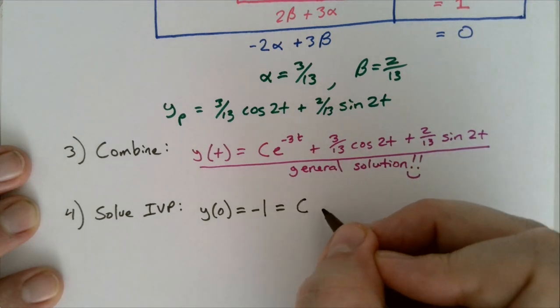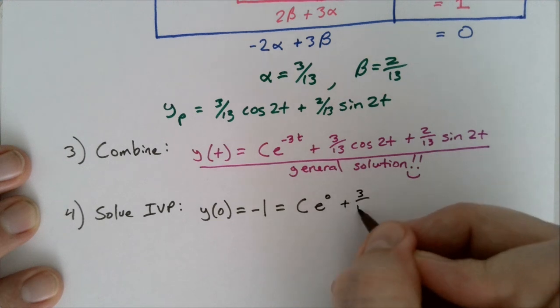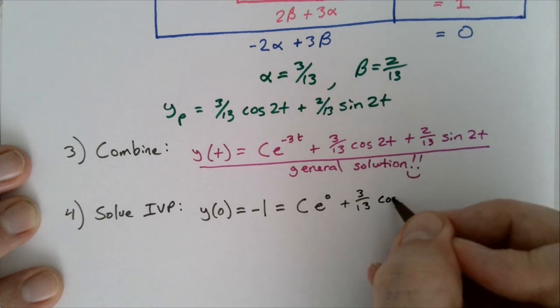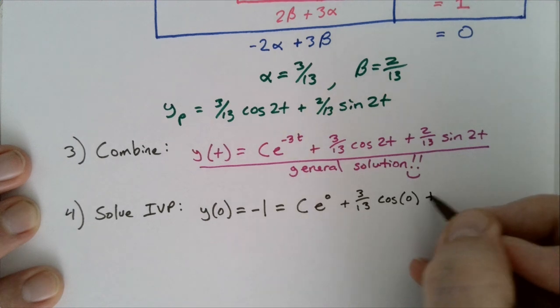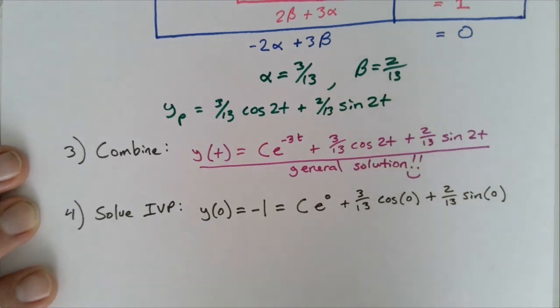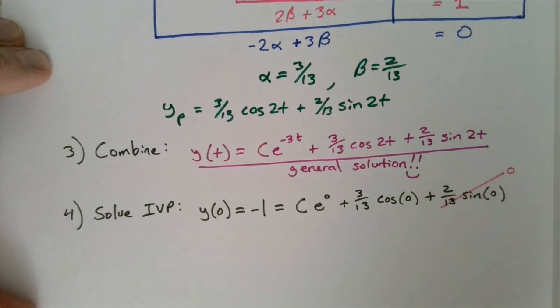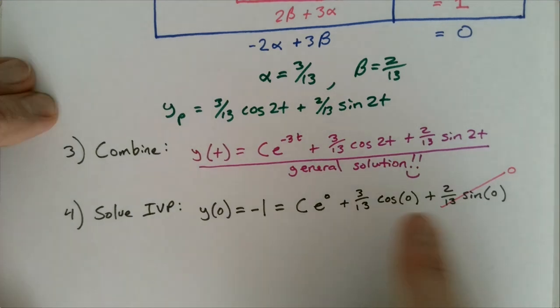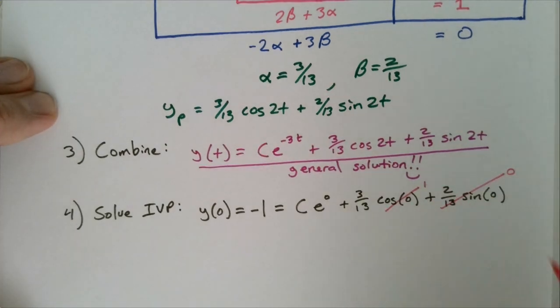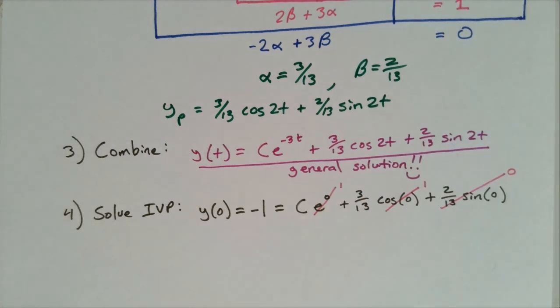So c times e to the 0 plus 3/13 times cosine of 0 plus 2/13 times the sine of 0. And of course, the sine of 0 is just 0, so this whole term goes to 0. And cosine of 0 is 1, and e to the 0 is also 1. So this simplifies pretty nicely.